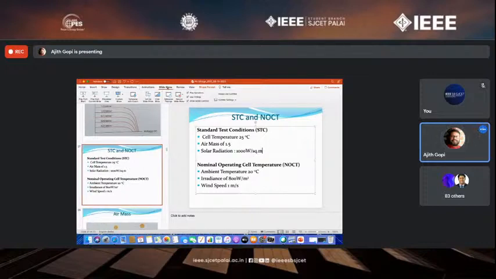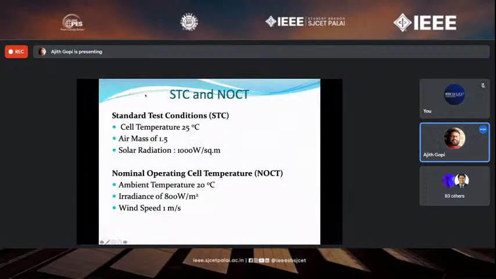Fine. So STC is actually a cell temperature of 25 degrees centigrade, air mass of 1.5, and solar radiation of 1,000 watt per square meter.